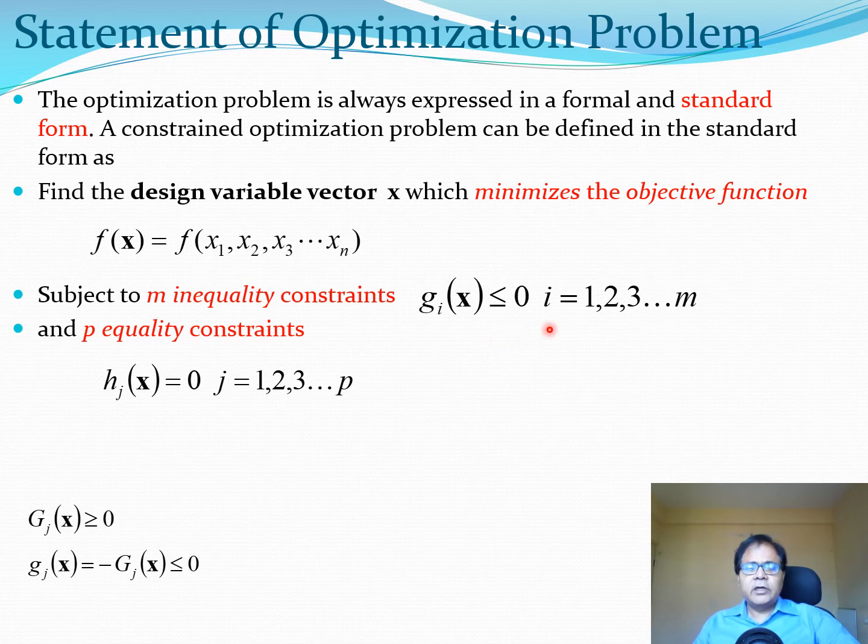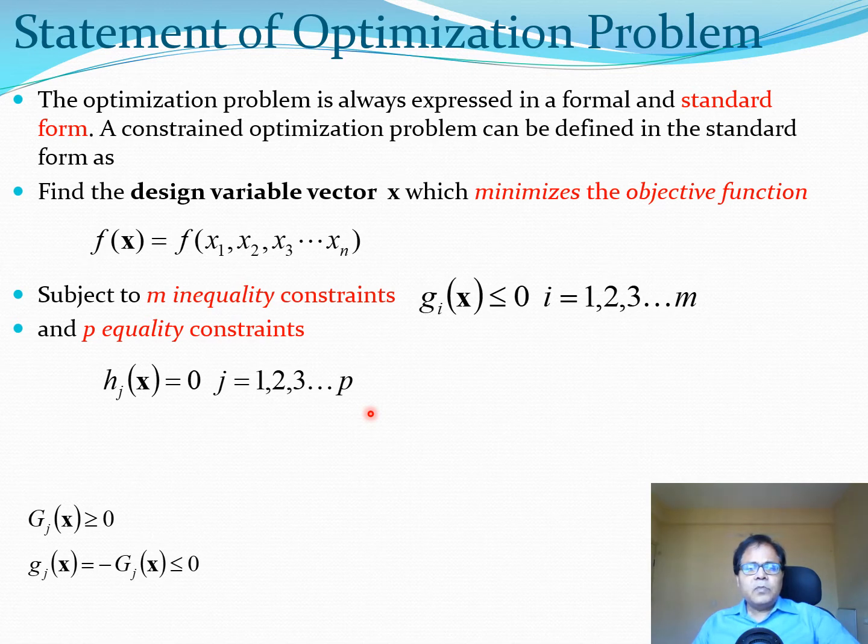And we see that there are m of these constraints, 1, 2, 3, all the way up to m. And similarly, we have p equality constraints, which we denote by h subscript j of x is 0. And then here there are p of these. So j is 1, 2, 3, all the way to p.